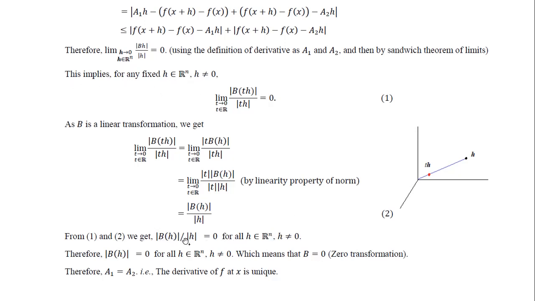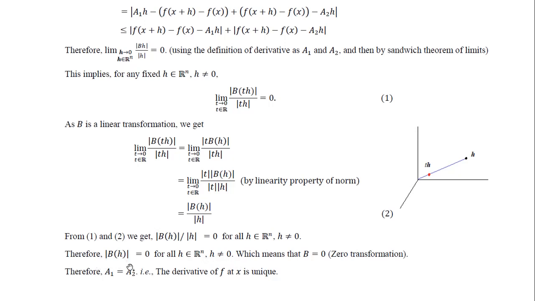Now because this is a non-zero vector and we are dividing by it, if we multiply both sides by the norm of h, we get the norm of Bh is 0 for every non-zero h belonging to Rn.